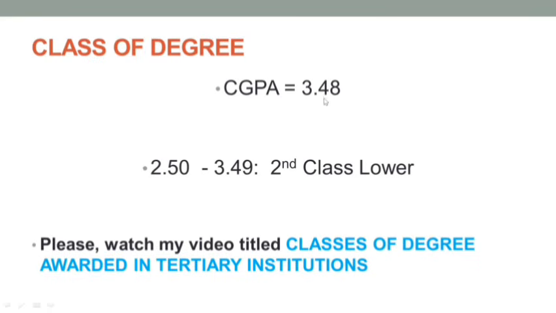If you add 0.02 to 3.48, you'll be having 3.50. So Mr. Boy missed second class upper narrowly. Remember, he started with what? Second class upper, which is 3.56 or thereabout.